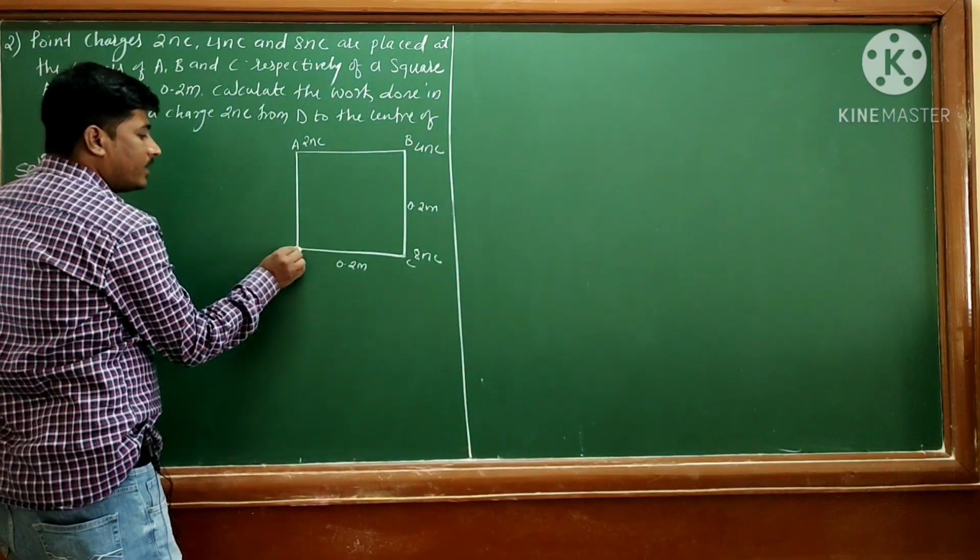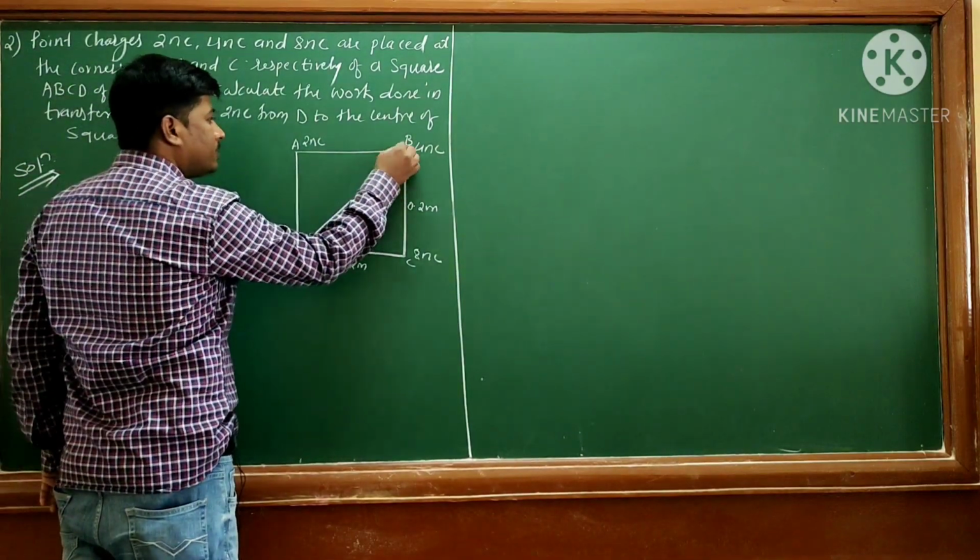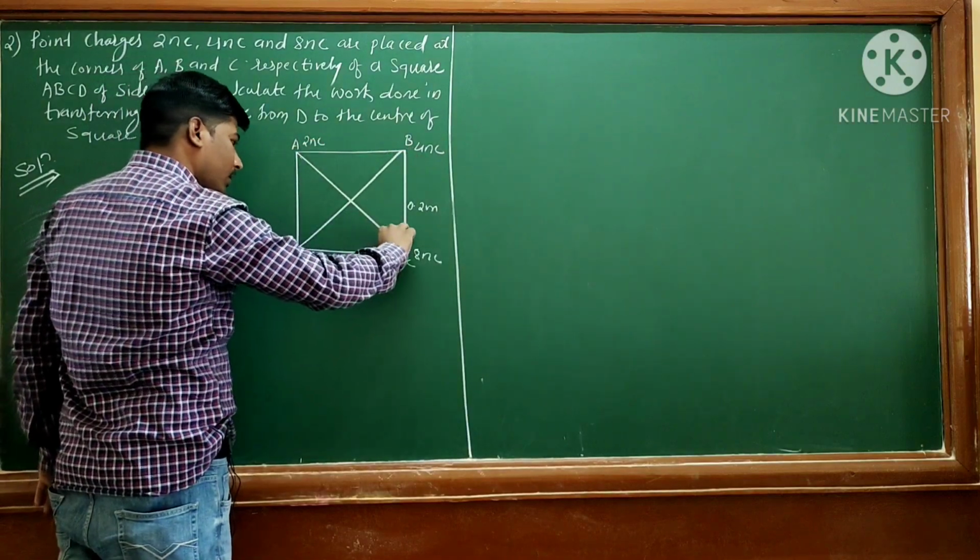So the center of the square means we have to draw the diagonals.